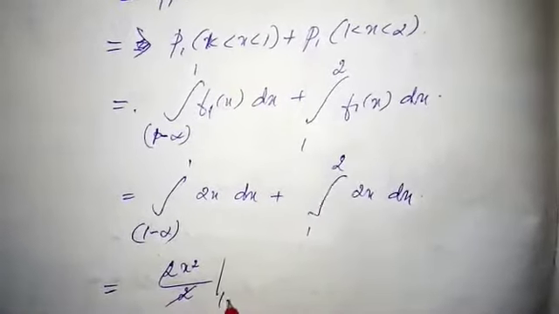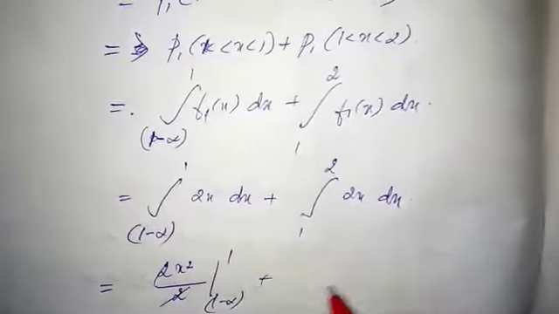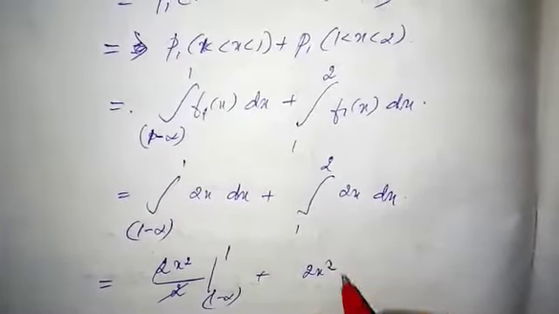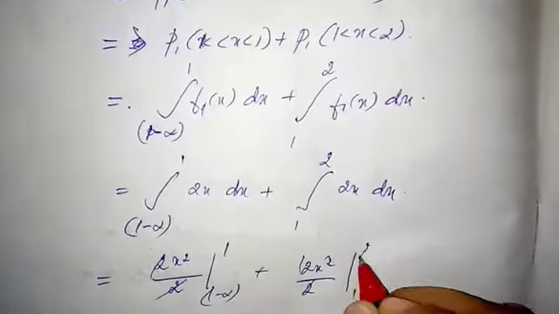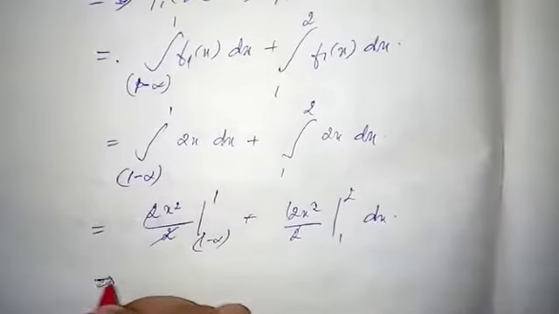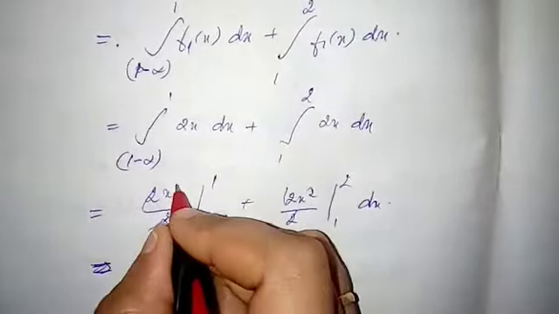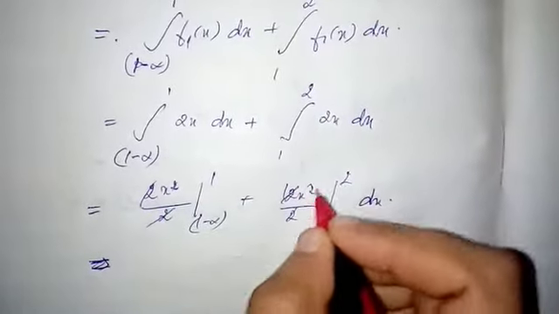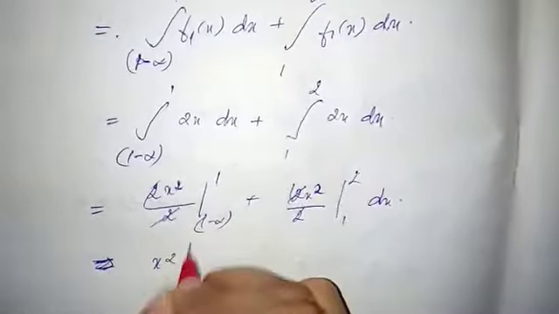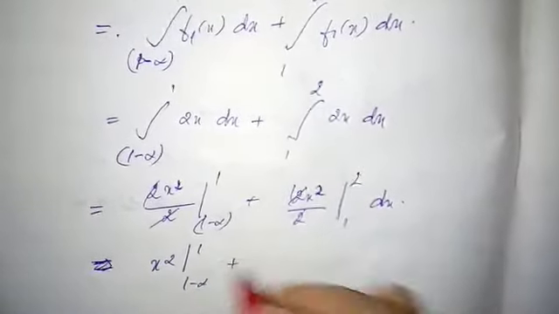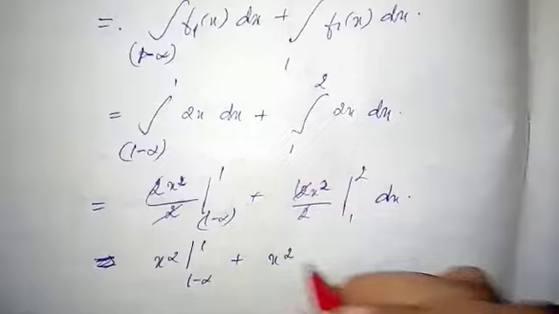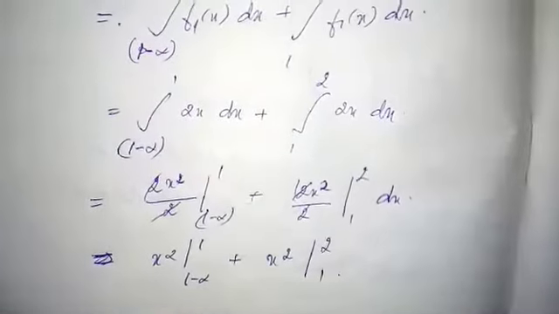The 2 gets cancelled, so the remaining is x square from 1 minus alpha to 1, and here also x square from 1 to 2.